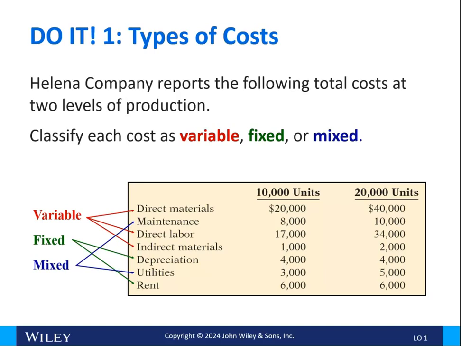Those direct costs as opposed to overhead. So the fixed and mixed are more overhead type costs, not exact, but it's a way of thinking about it that might help you with classifying costs into variable, fixed, or mixed. And then depreciation and rent are the fixed costs, and then maintenance and utilities are the mixed costs.